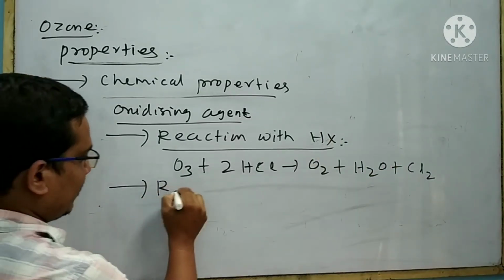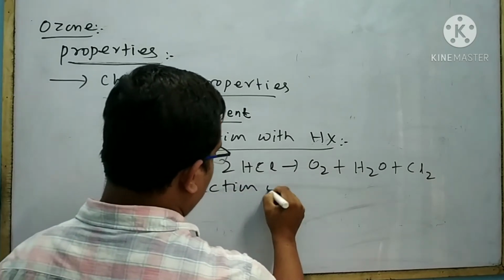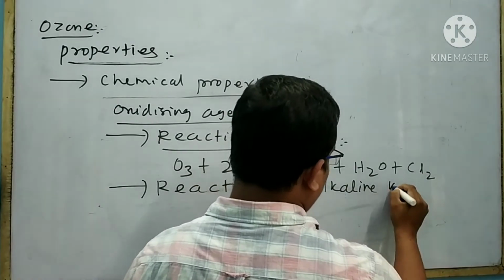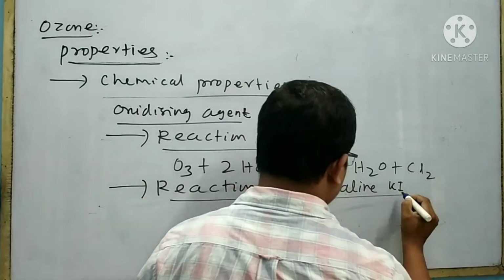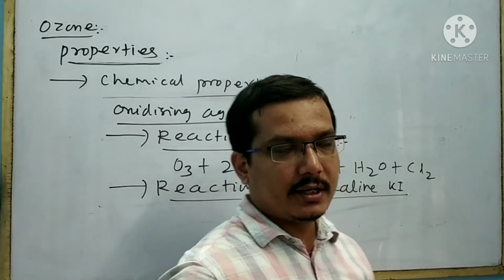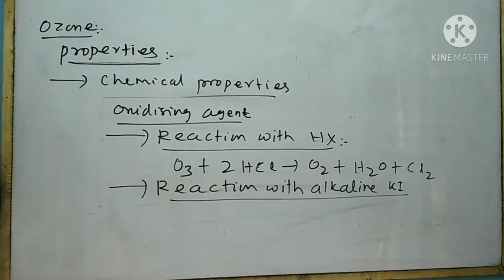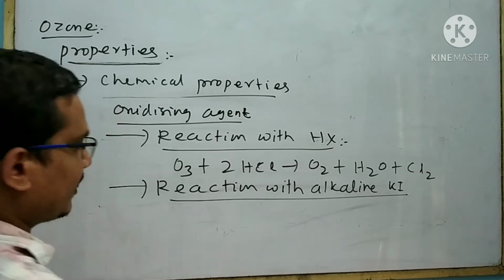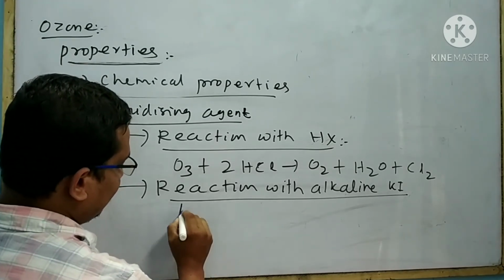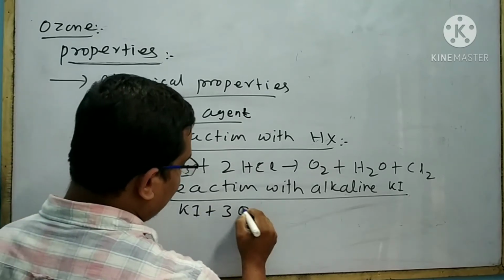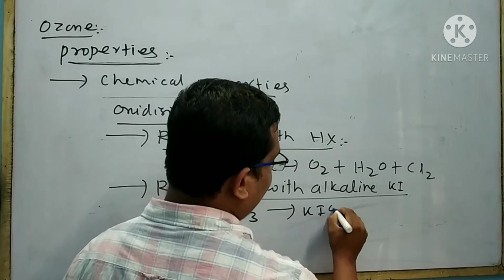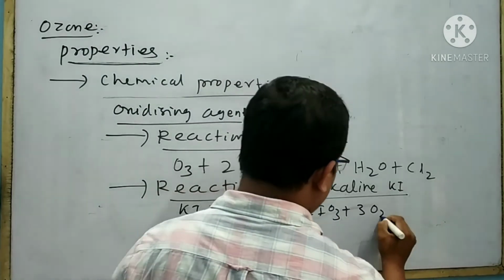Next is reaction with alkaline KI. Ozone oxidizes the alkaline KI to potassium iodate or potassium periodate. I can write the reaction like this: KI plus 3O3 gives KIO3 plus 3O2.